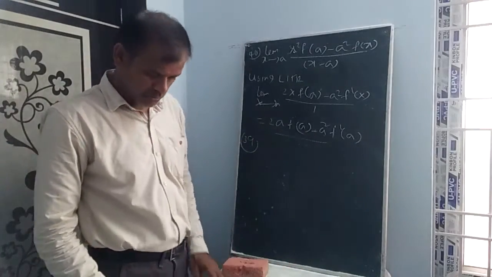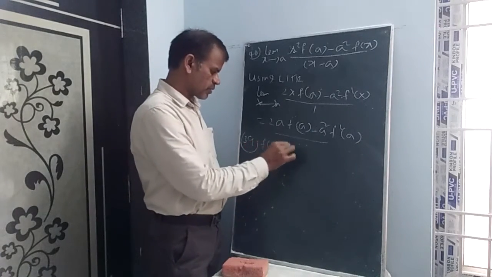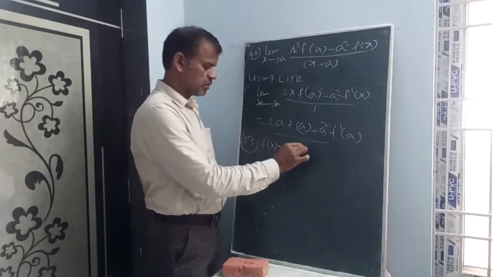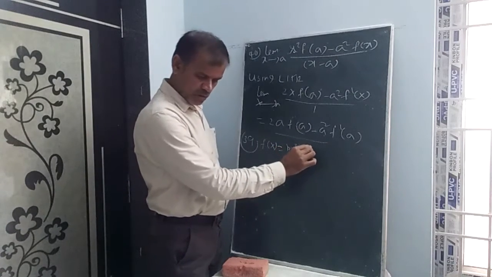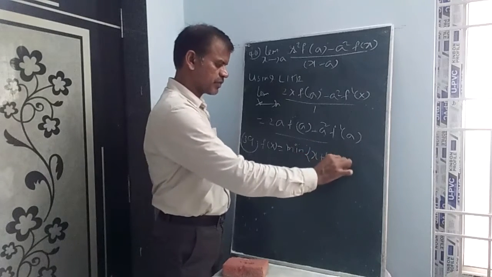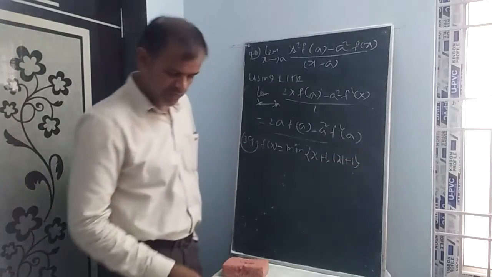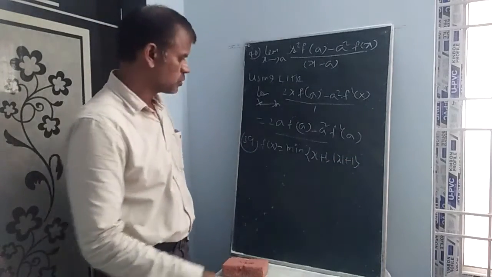f maps R to R, a function defined by f of x equal to minimum of x plus 1 comma modulus of x plus 1. Then which of the following is true?